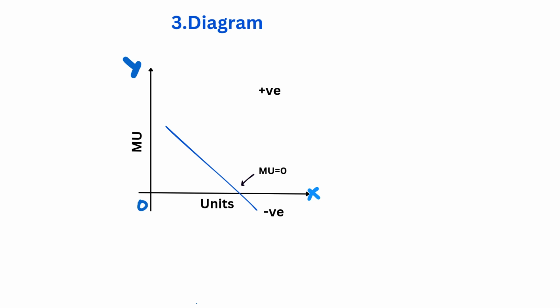After this, we will draw the diagram of MU, which is the same as the one we drew in the earlier video. On the y-axis it is MU and on the x-axis it is units. This is how we explain the law of diminishing marginal utility.